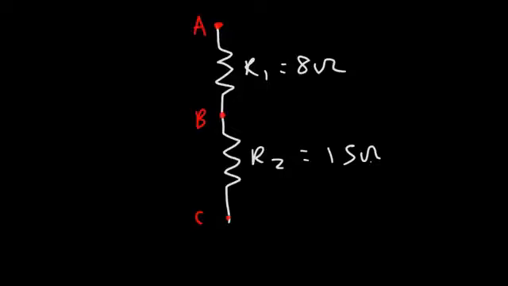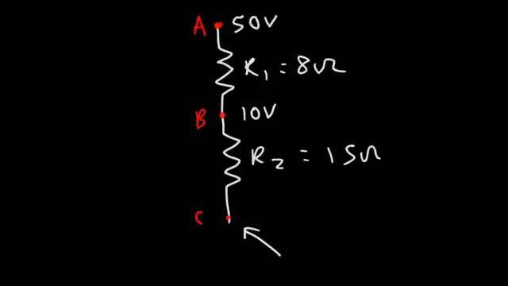Now let's say the potential at point A is 50 volts and the potential at point B is 10 volts. What is the voltage drop across R2? And what is the electric potential at point C?